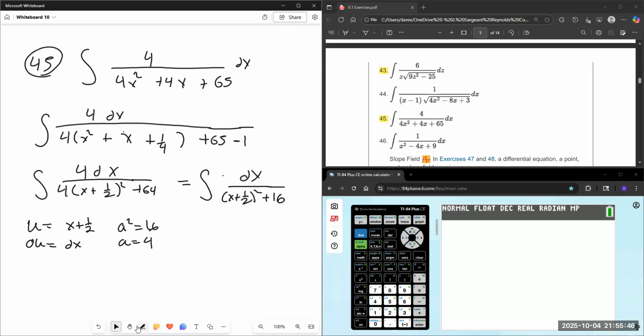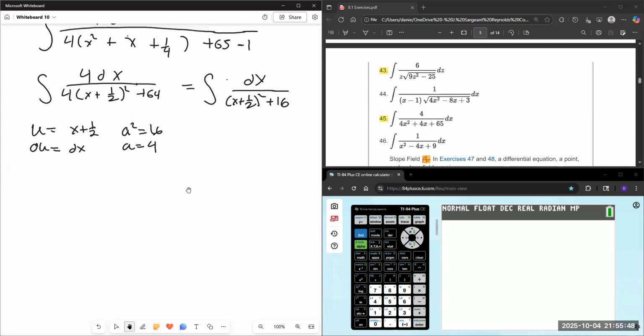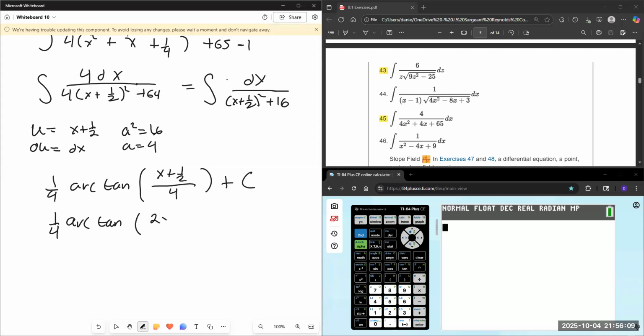So that's going to make this 1 over a arctangent of u over a plus c. We don't like to leave fractions in fractions, so I'm going to multiply there by 2 over 2 to make this 2x plus 1 over 8 plus c.